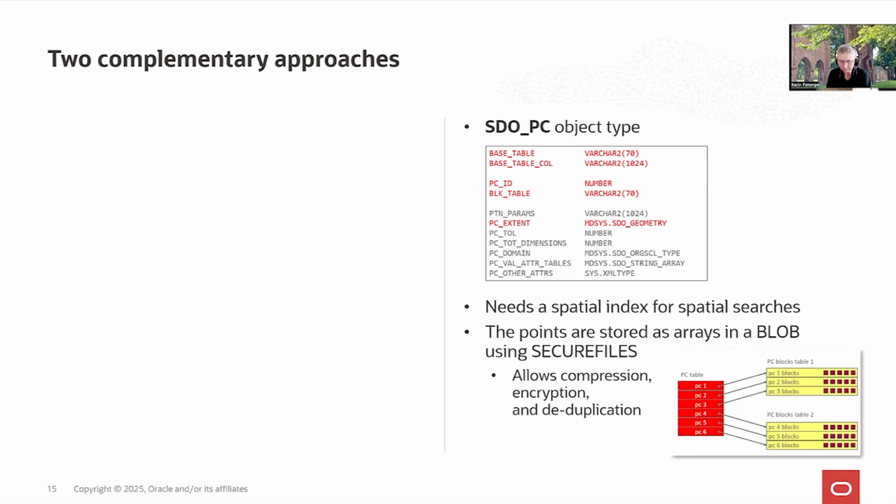So using the database basically to have one logical object with all metadata, but physically splitting it up into manageable chunks. That's the idea of the object type, just like for SDO or raster.